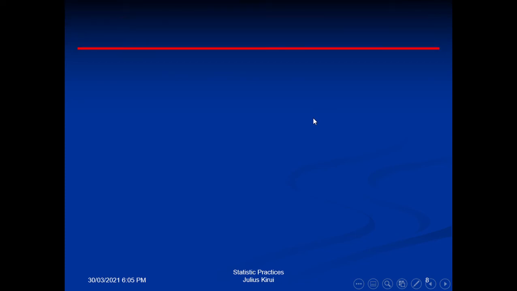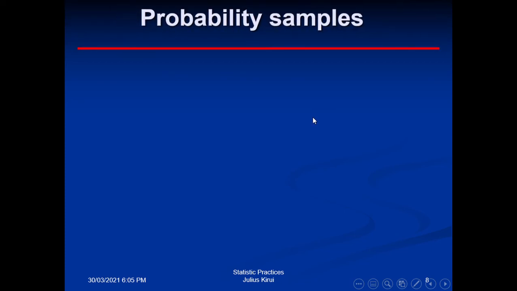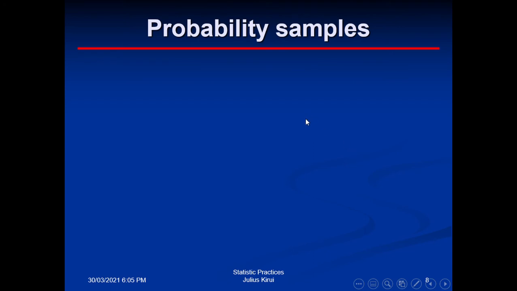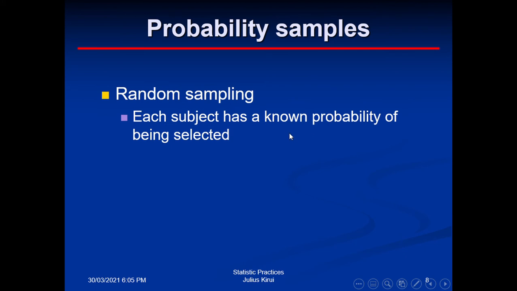Now the next sampling technique is probability sampling. What do you mean by probability sampling? Random sampling. Each subject has a known probability of being selected. So the subject that you are bringing into the research has a chance of being used in your practical areas of research.